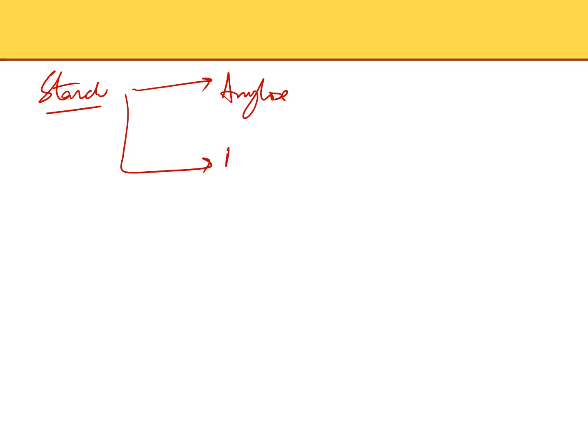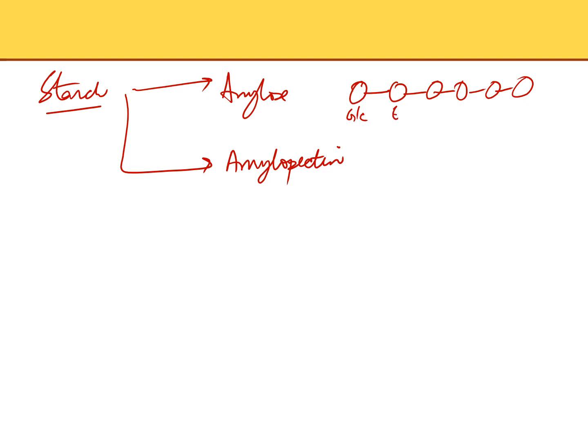Amylose, amylopectin, right? And the amylose is going to be glucose, glucose, glucose, glucose, glucose, right? So all of this is glucose, and these bonds are going to be alpha 1,4. All of these bonds are going to be alpha 1,4.